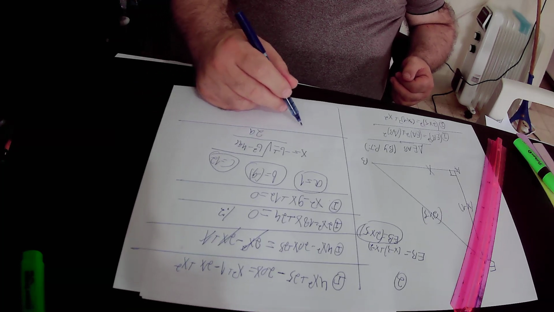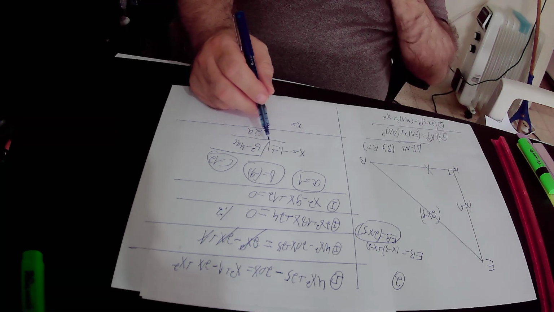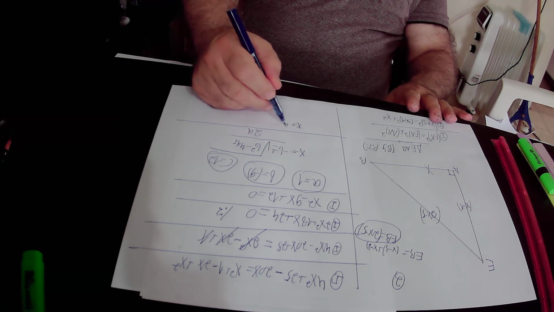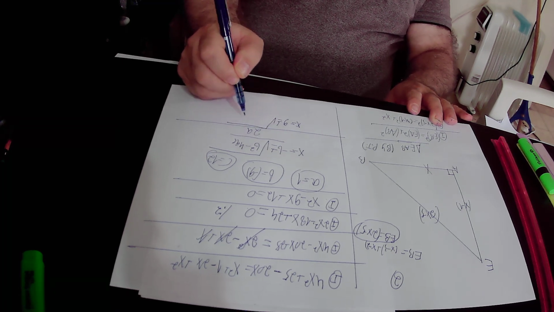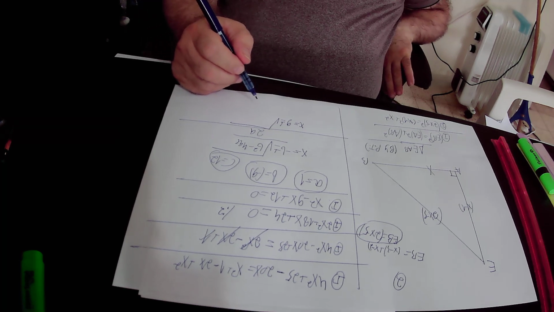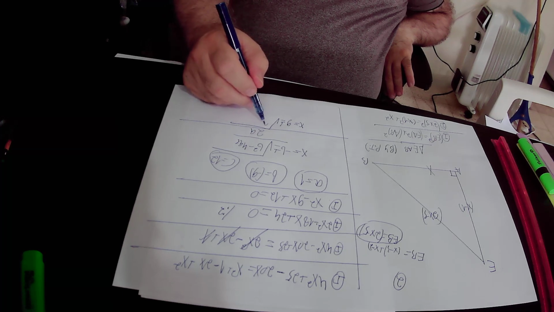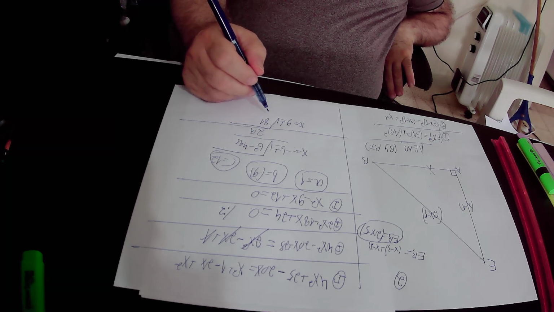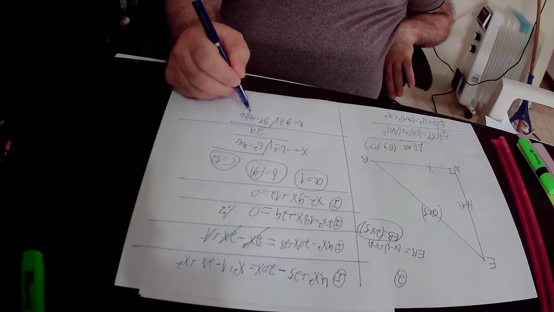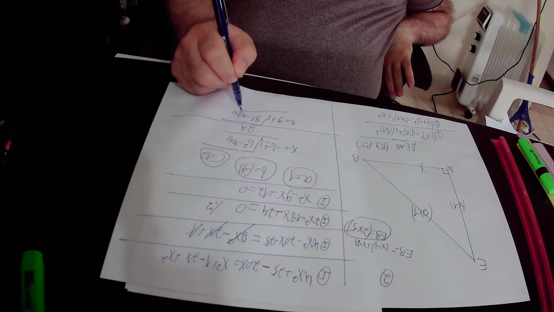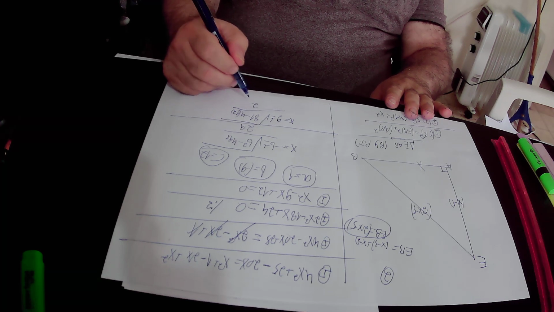So here we get that x equals minus b, b equals minus 9, so minus b is 9, plus minus square root of b squared. B equals minus 9, so b squared is 81. Minus 4 times a is 1 and c is 12, so it is minus 4 times 12 over 2a. A is 1, so 2a is 2 times 1, that is 2.